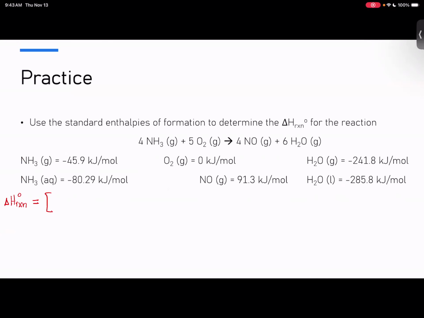So I have 4 moles of NO times its delta H of formation, which was 91.3 kilojoules per mole, plus 6 moles of water in gas form times negative 241.8 kilojoules per mole.